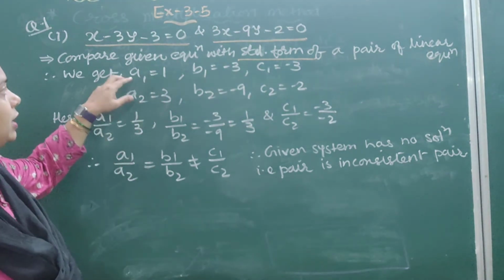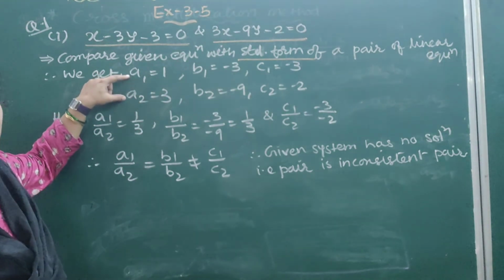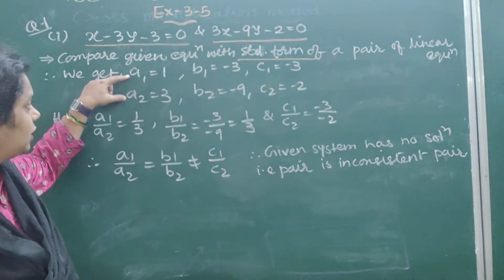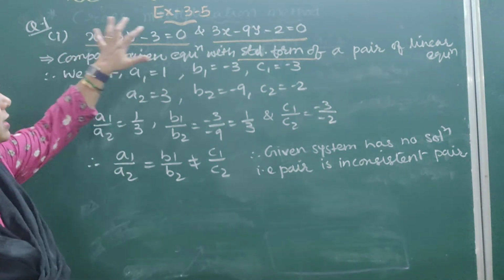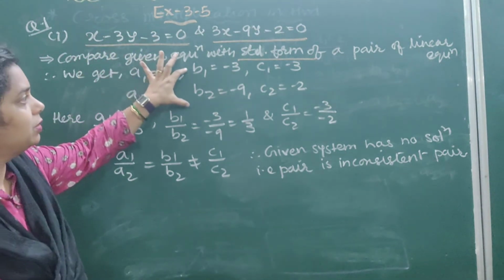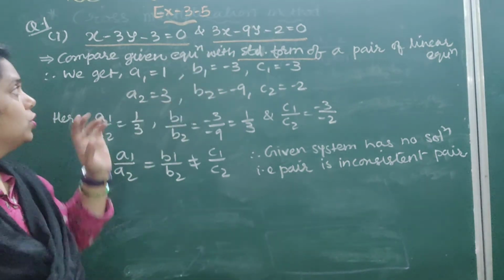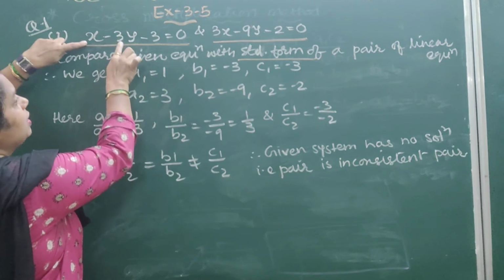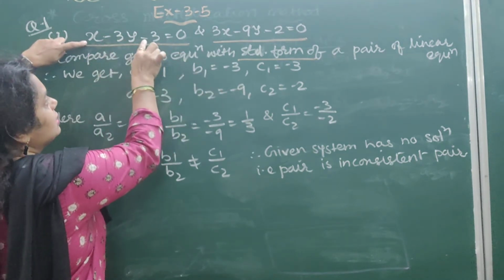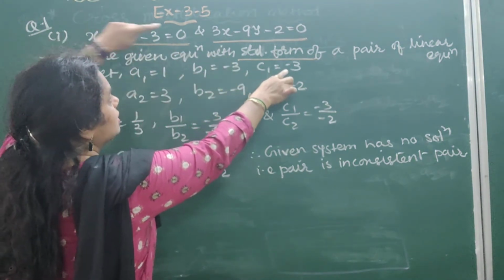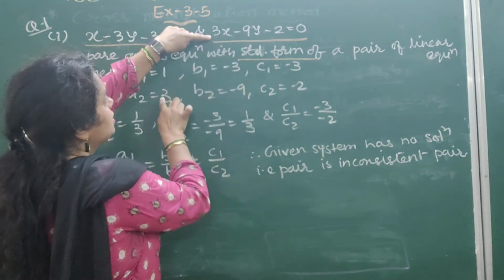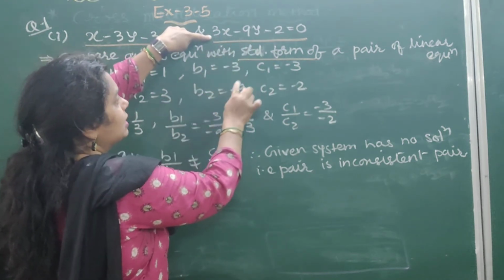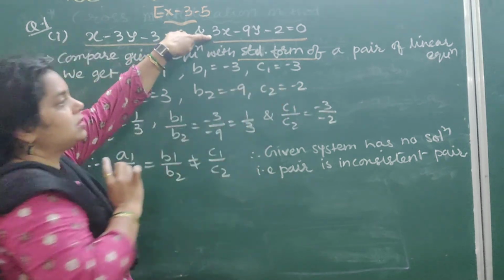By comparing, we can get the coefficients A1, A2, B1, B2 and C1, C2. So here, this is the first equation: A1 is 1, B1 is minus 3 and C1 is minus 3. This is the second equation: A2 is 3, B2 is minus 9 and C2 is minus 2.